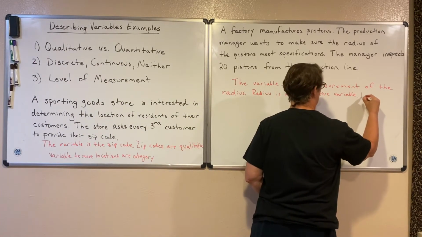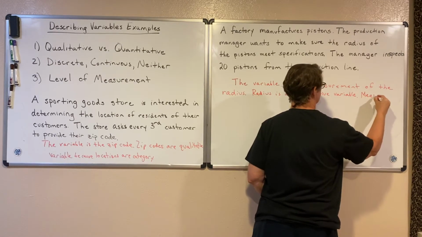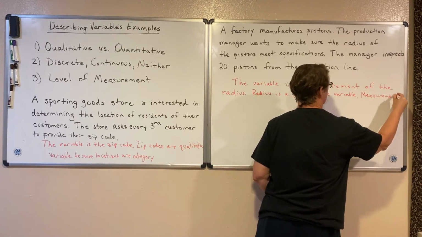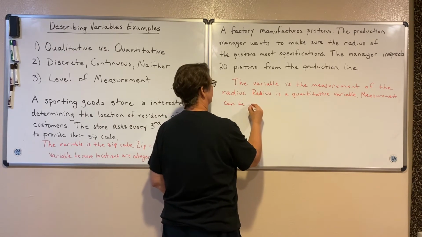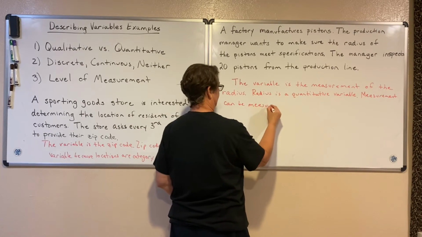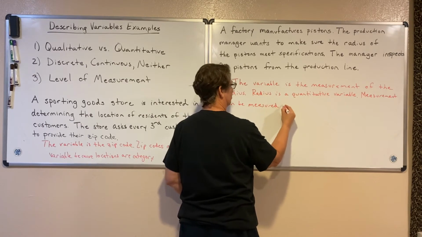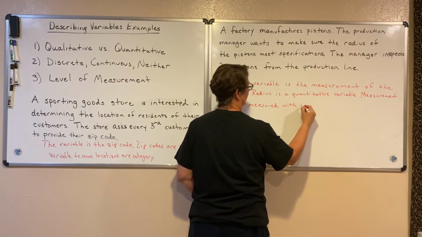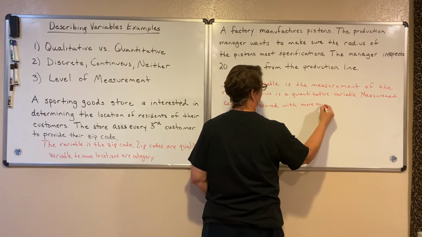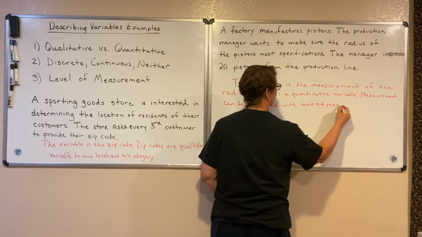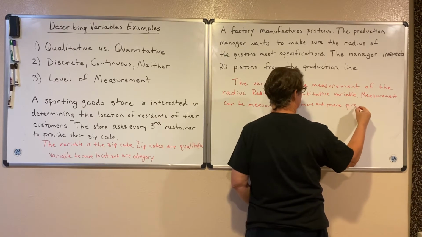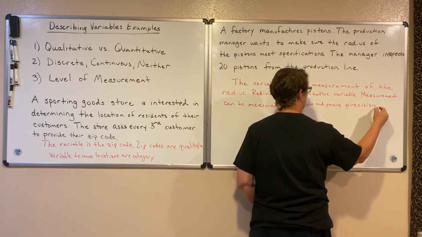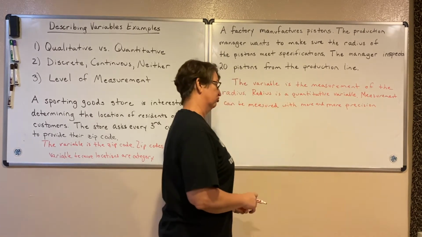So the measurement can be measured with more and more precision. Or you could find a radius in between. If you give me any two numbers, I can find a measurement in between those two.